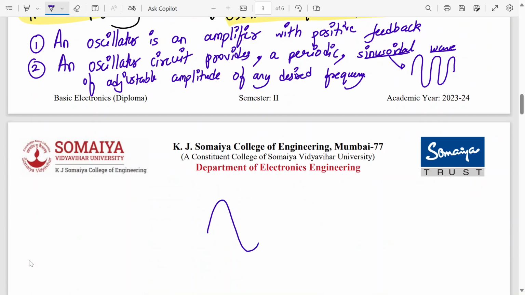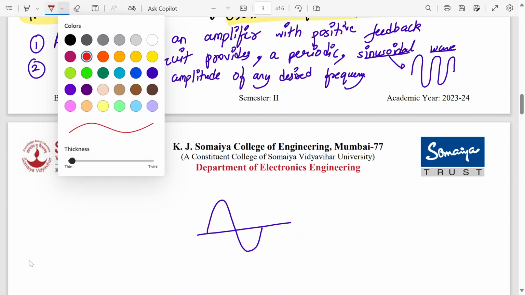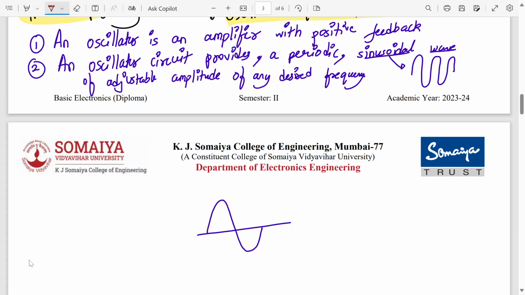If this is my sine wave, and this is one period, it will keep on repeating itself afterwards. Yes or no? This is called a periodic signal. After one cycle, it will keep on behaving the way it behaved in the first cycle. So this is the second cycle. Again, it will behave the same in the next cycle, like this.